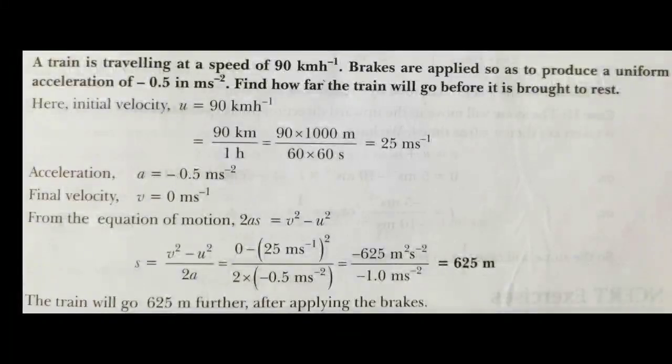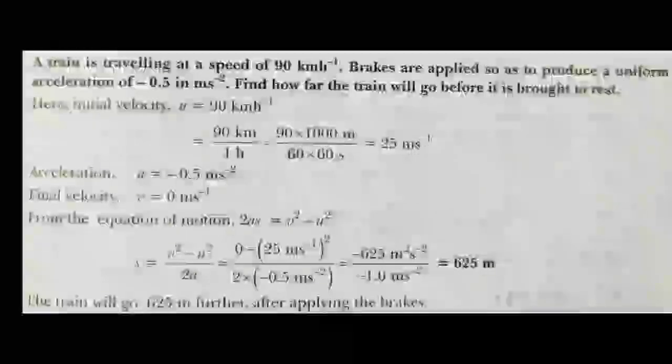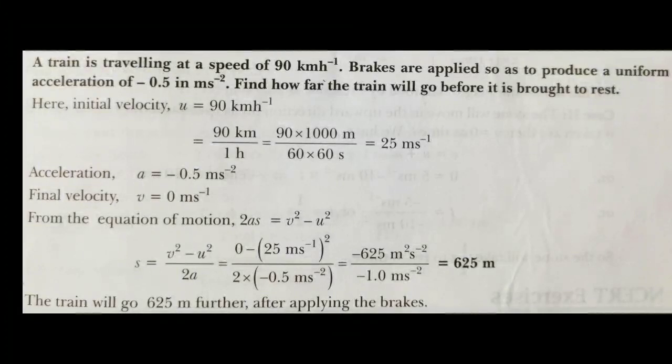After application of brake, we know that speed of object decreases, and it means the acceleration is in negative sign, so minus 0.5 is the acceleration. Now how far the train will go before it is brought to rest? How far means distance. Brought to rest means final velocity will be 0.